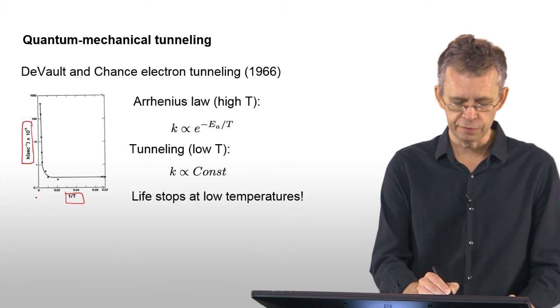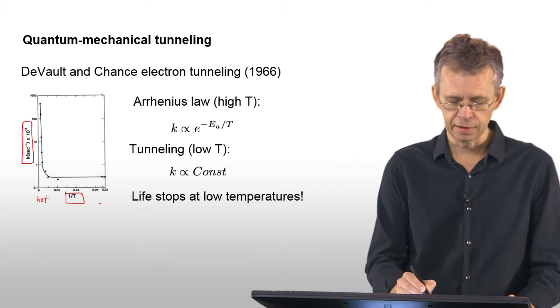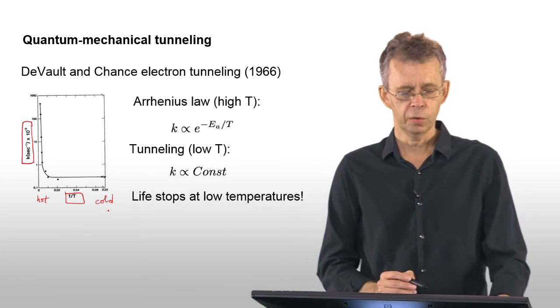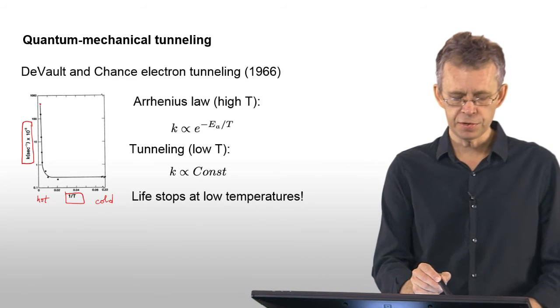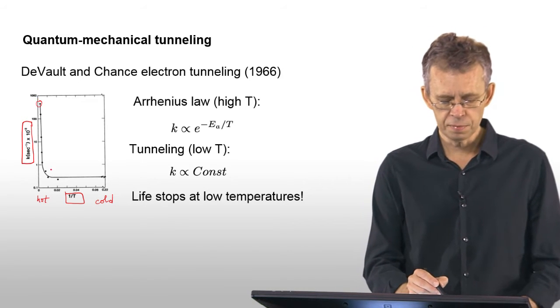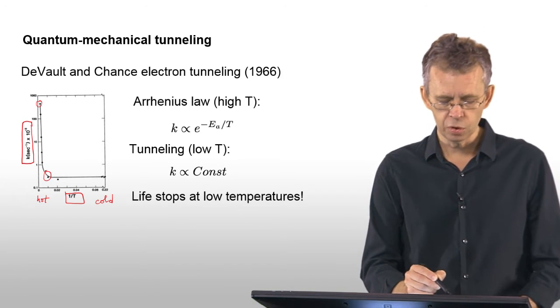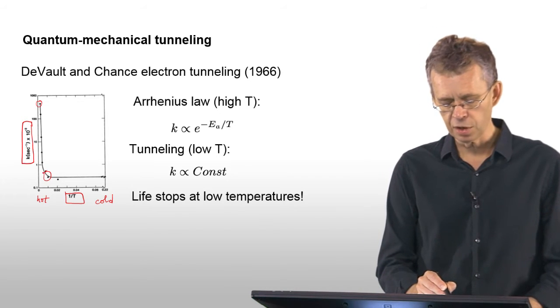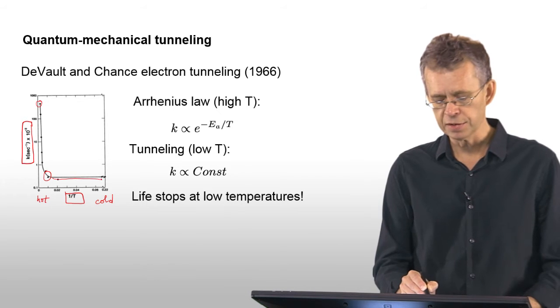So here you have hot, and here you have cold. At high temperatures, your rate of moving electrons is quite high. Then it drops dramatically as you lower the temperature, and at some point it just stops changing and levels off.